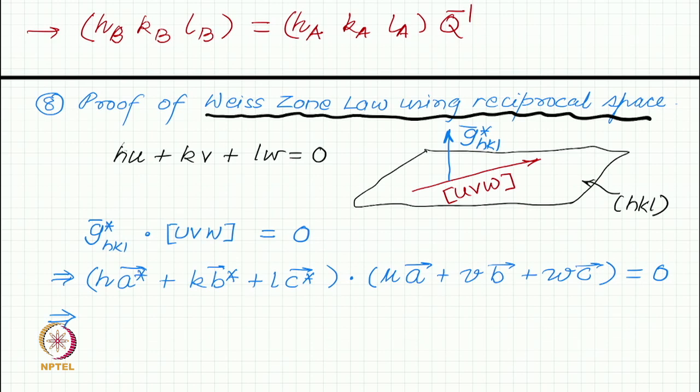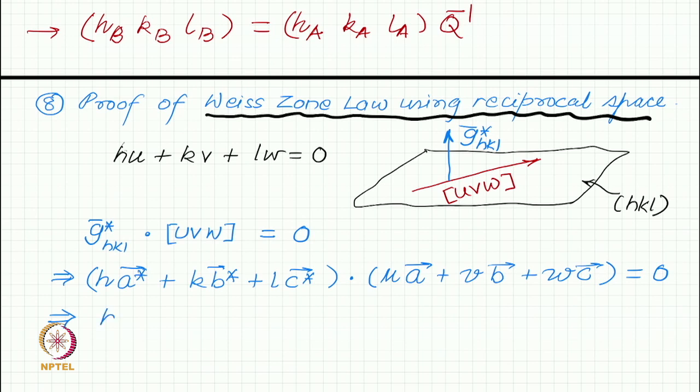Now, this appears to be giving 9 terms, but you know the nice property of reciprocal space, that only A star dot A will survive as 1, A star dot B is 0, A star dot C is 0. Similarly, B star dot A is 0, B star dot C is 0, C star dot A is 0, C star dot B is 0. That is the definition of the reciprocal lattice.